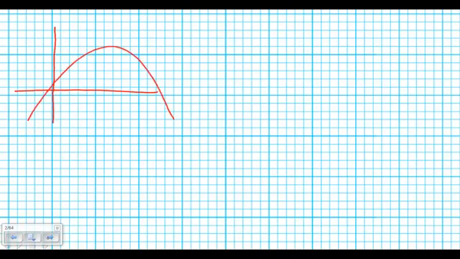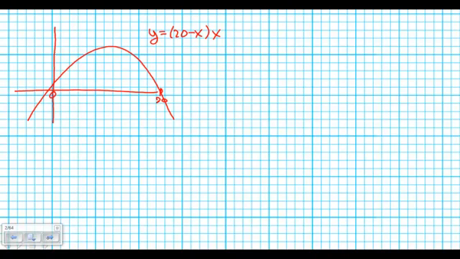That parabola is concave down. This parabola is y equals (20 minus x) times x. That's a 20.